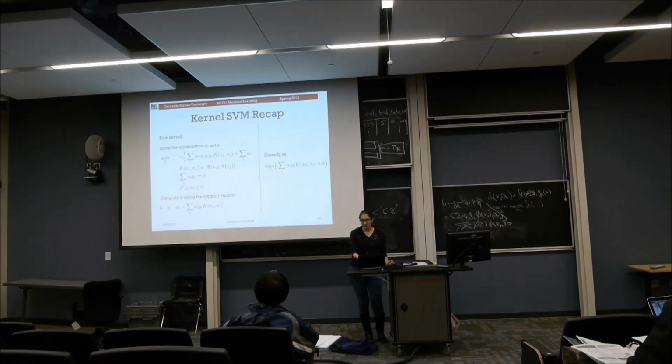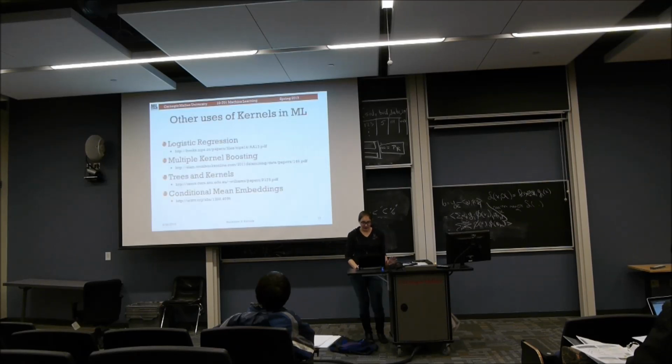Finally, we'll classify, taking the sign of a weighted average of the kernel of the point we want to classify and all the points that we have in our data set. All right, so that's kernel SVM.